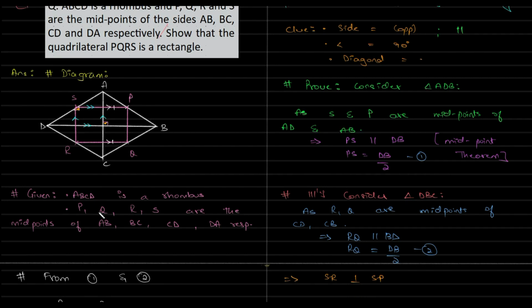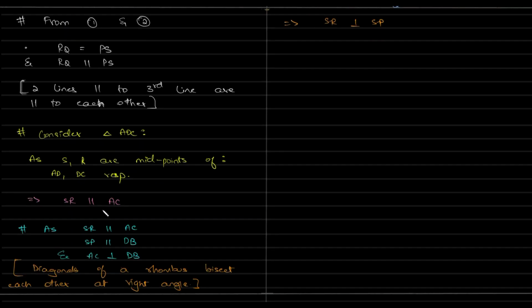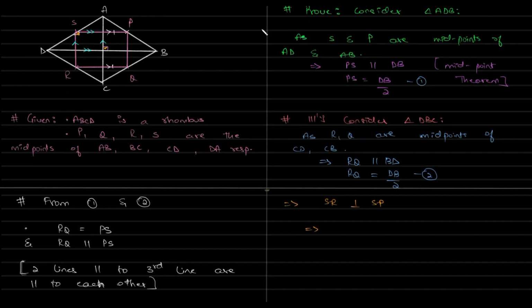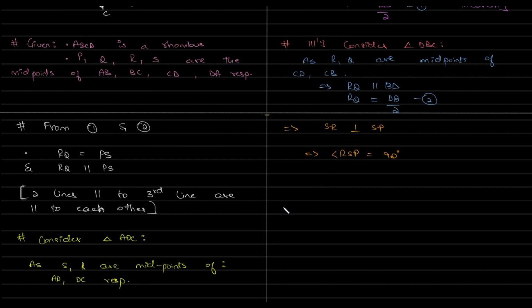And with all of this information, what can we conclude? SR is perpendicular to SP, so angle RSP is equal to 90 degrees. Now consider PQRS.